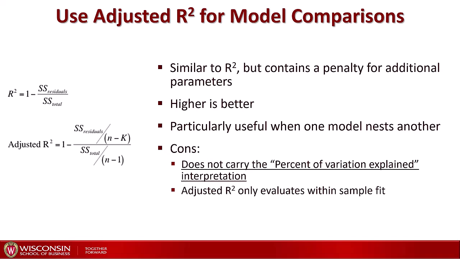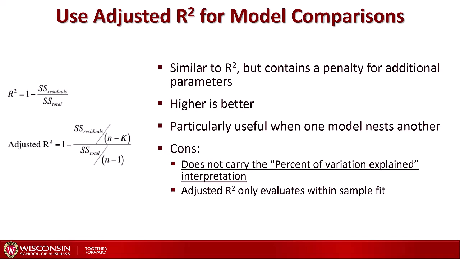It's forcing the model to do even better than what we would expect from a randomly generated number. As for the standard R-squared, higher is better in this case too. So if we are comparing two models, we can look at their adjusted R-squared and pick the one with the highest. This is particularly useful when we have one model that nests another model.